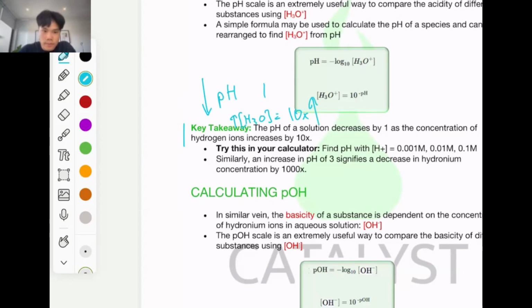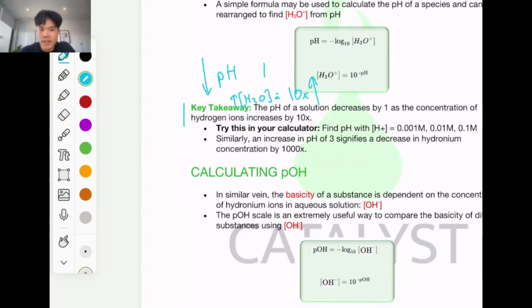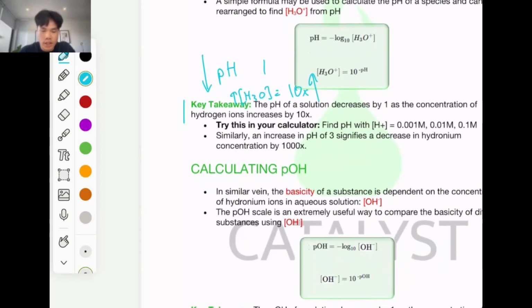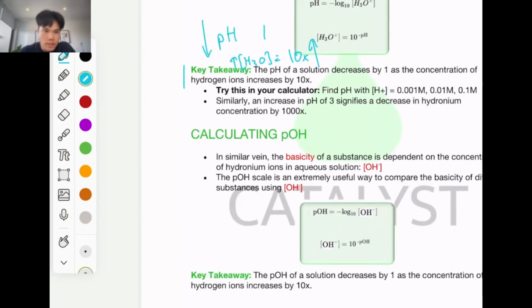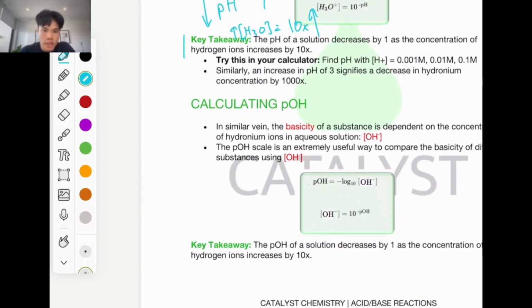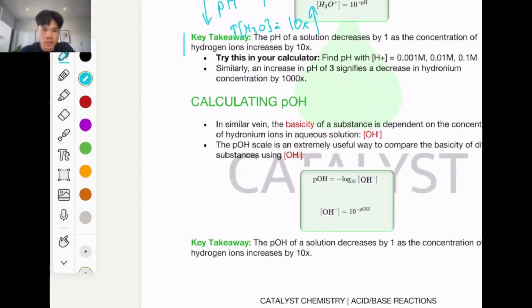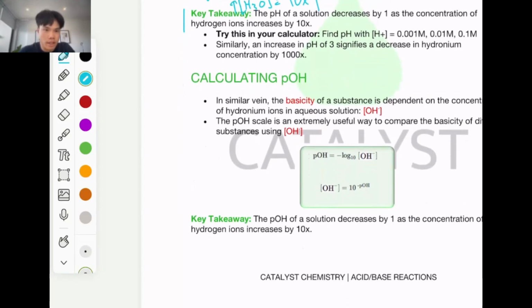And vice versa. pOH is the same calculation except for hydroxide concentration, and the same rule applies: a change in pOH by 1 is a change in hydroxide concentration by 10 times.